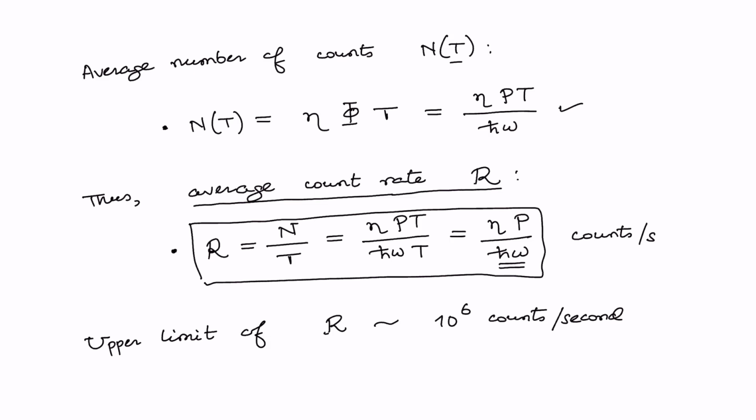So in general a time on the order of 1 microsecond must elapse between successive counts, and this sets the practical upper limit of the average count rate R to be around 10^6 counts per second.